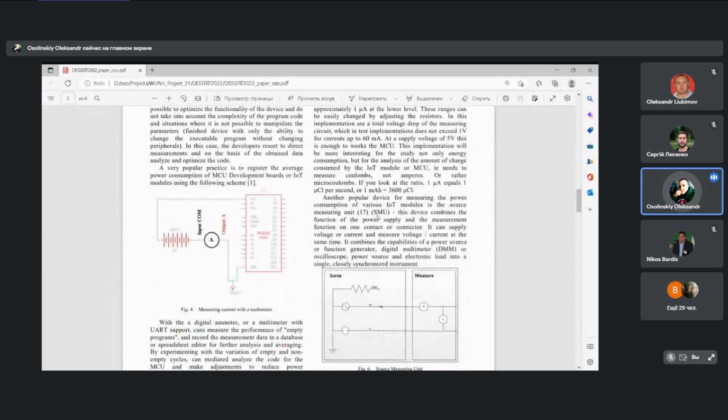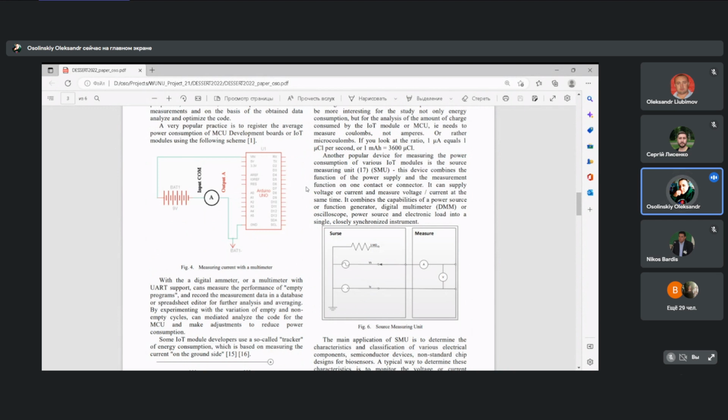In the next step, we analyze the methods of how to measure current and power consumption. First, we analyze the classical method, shown in figure 4. That method is shown in many articles, on the official Arduino site, and on sites for other microcontroller units.